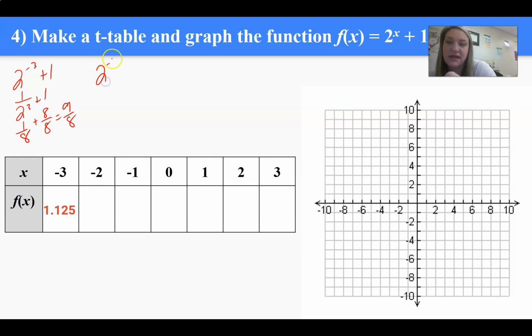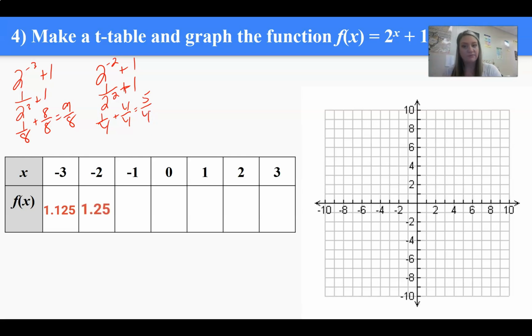So 2 to the negative 2 power plus 1 becomes 1/2 squared, which is 1/4. I'm going to change that 1 to a 4/4. That is now 5/4, so about 1.25. Negative 1, 2 to the negative 1 power becomes 1/2 to the power of 1. So that becomes 1/2 plus 2/2, gives me 3/2, or 1.5.